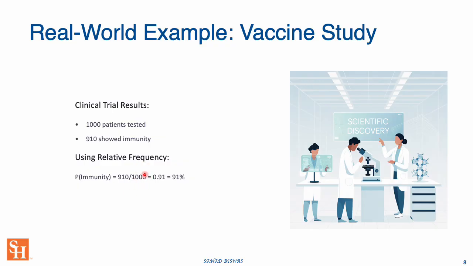That gives us 0.91, which is our probability. If we convert that to a percentage, it is 91%. Therefore, the probability of immunity after taking the vaccination is 91%, and this shows how we can calculate probability using relative frequency.